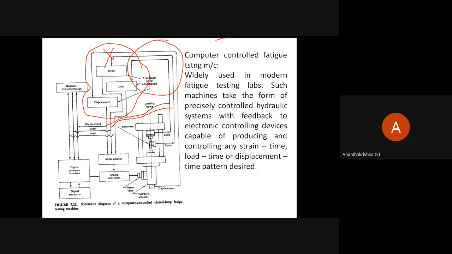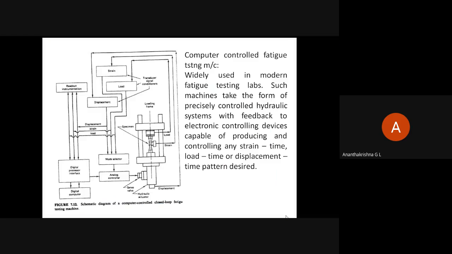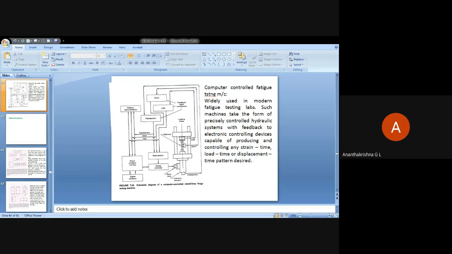Noted down the sketch? No, sir. Okay, please listen to me now.